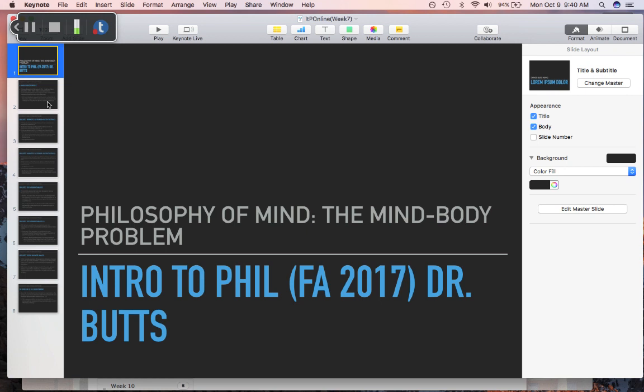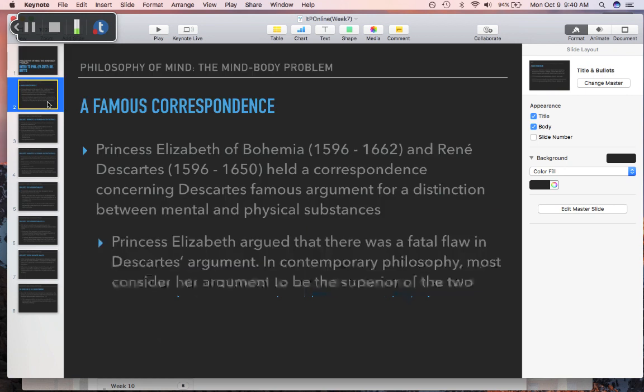So let's get into that. This fundamental problem in philosophy of mind is called the mind-body problem. And a great illustration of this is, as I've said, a correspondence between Princess Elizabeth of Bohemia and René Descartes. And you can see they were born the same year, and they died not too far apart from each other. Descartes died about a decade earlier.